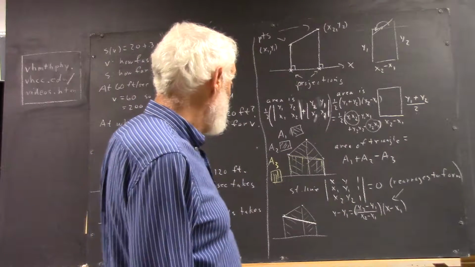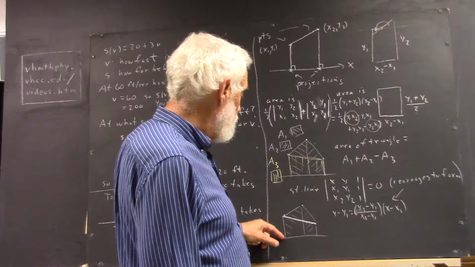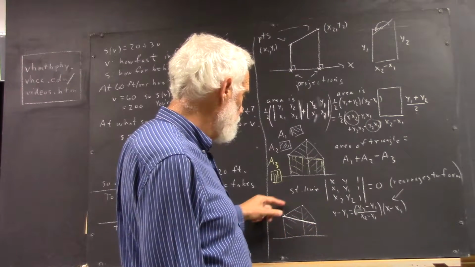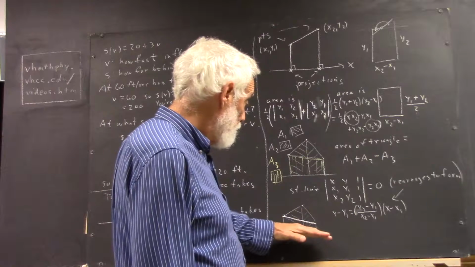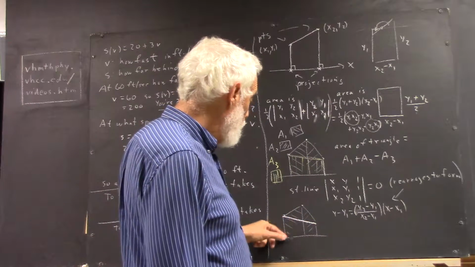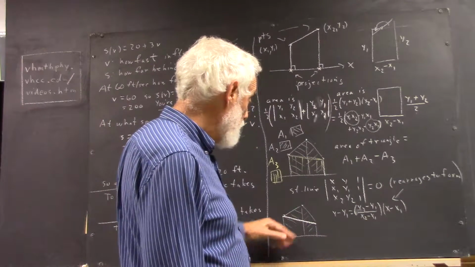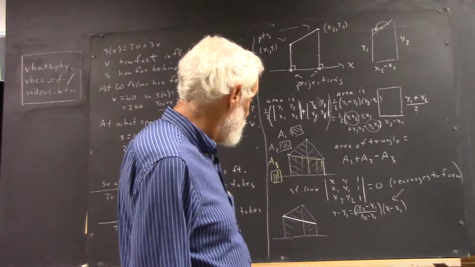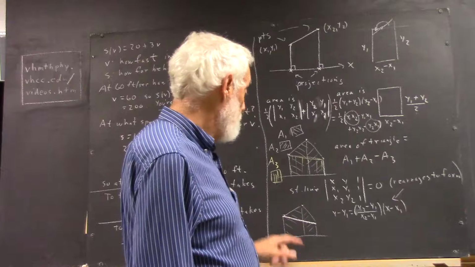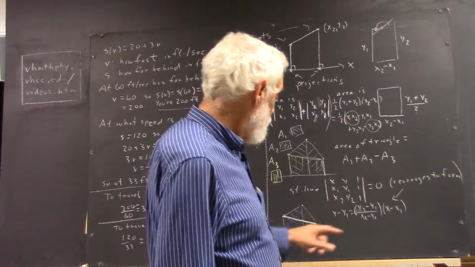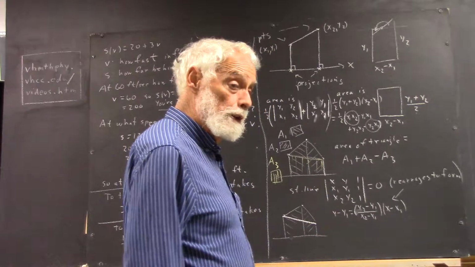Why is that? If I add A1 and A2, I get the area of this whole thing here. A3 is the area of this thing, and if I take this away from the whole thing, I'm left with the triangle. So add these two areas and then subtract the area of this lower trapezoid, I get the area of this triangle. Okay?